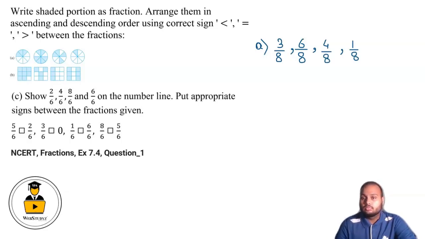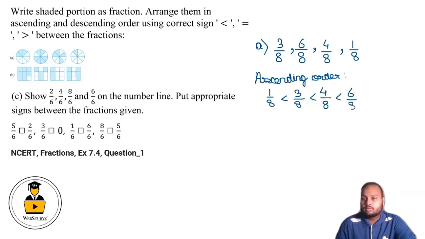So if we arrange them in ascending order, firstly we would have 1 by 8, then 3 by 8, then 4 by 8, and lastly 6 by 8.